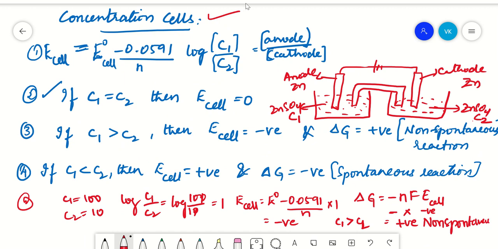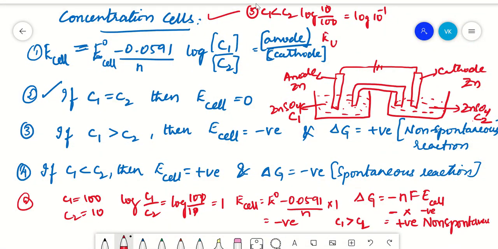Now let us take the third condition, that is C1 is less than C2. Let us take C1 as 10 and C2 as 100. What is happening here? It becomes log of 10 power minus 1. Now what will your E cell equation be?